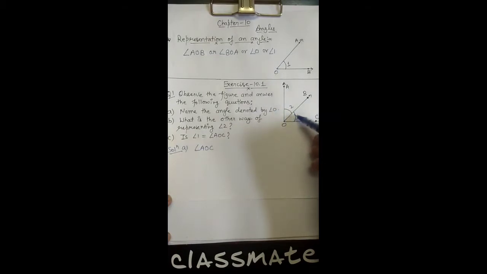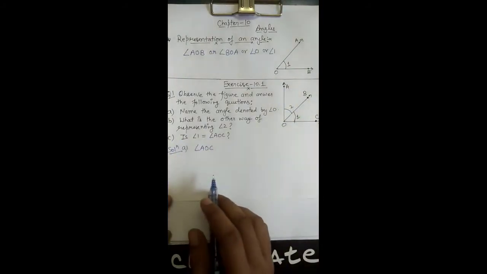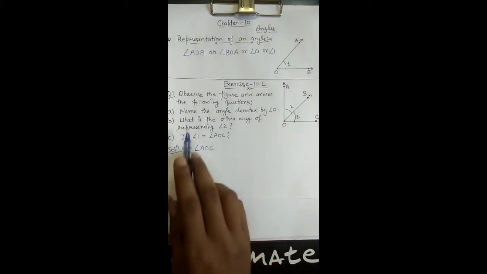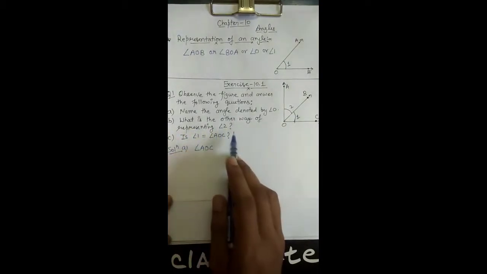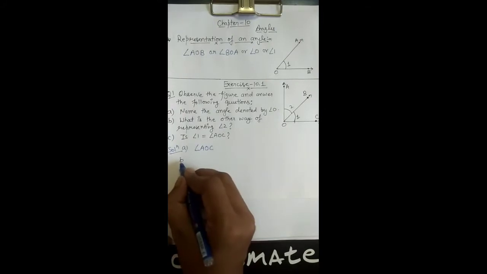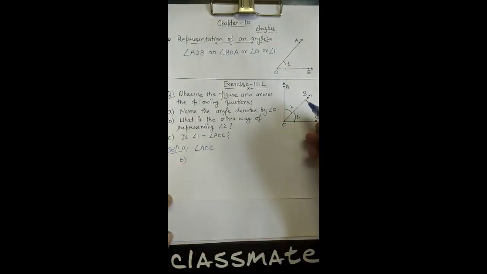You can see the figure on the screen. This complete angle is angle O, and it can be represented by angle AOC, or you can write COA as well. I have written AOC. Now the second is, what is the other way of representing angle 2? Observe the figure. Where is angle 2?